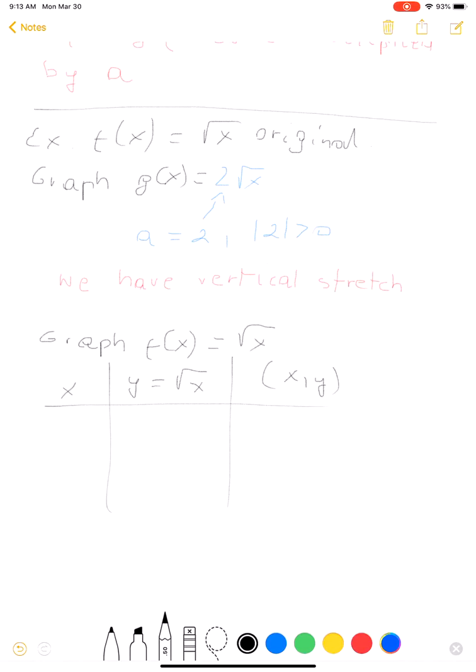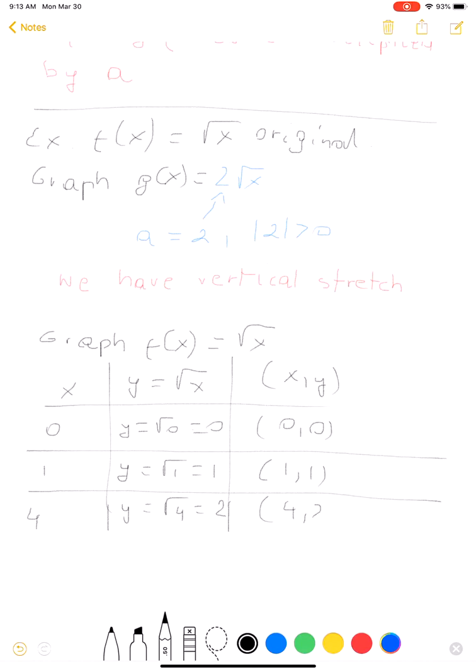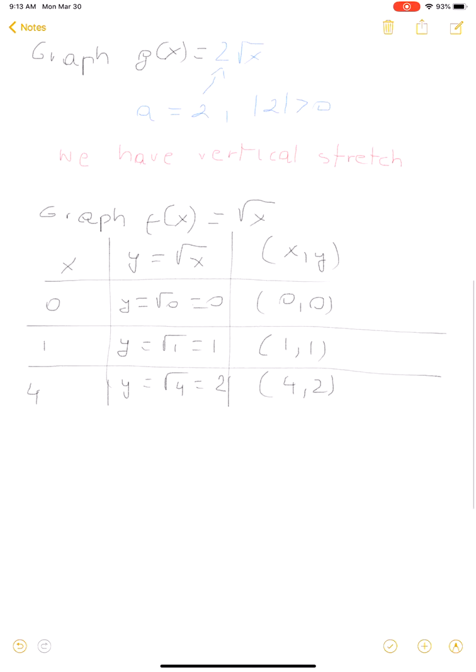When x is equal to 0, y is square root of 0, which is 0. So we have the point 0, 0. Next, when x equals 1, y is square root of 1, which is 1. So we have the point 1, 1. And one more point, let's make x equal 4. Then y is square root of 4, which is 2. So we have the point 4, 2. So that's the original graph.